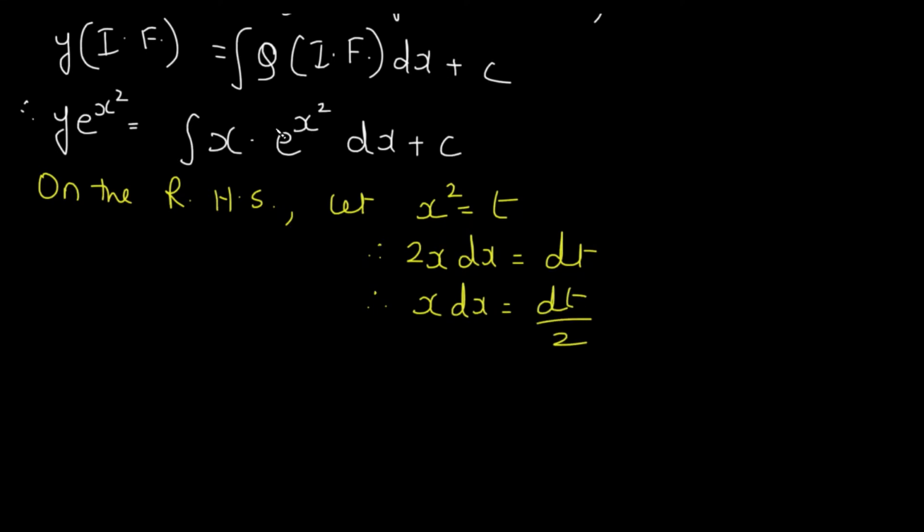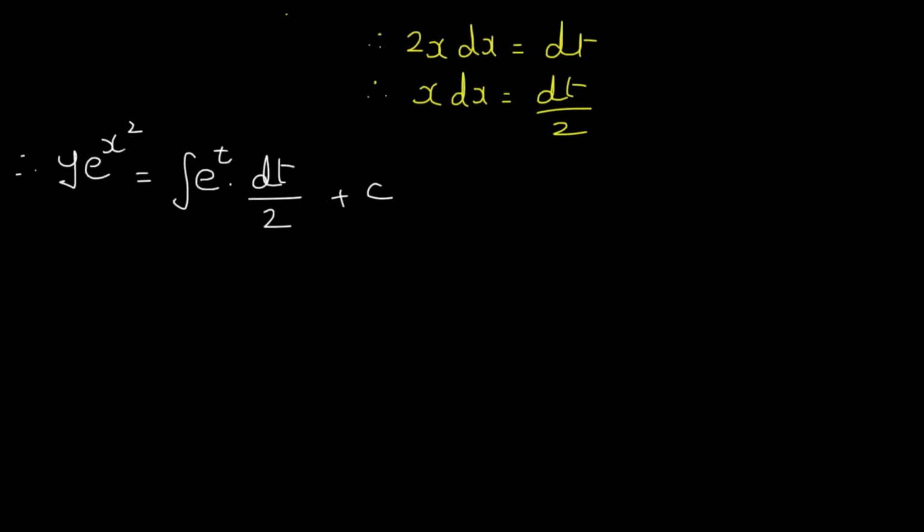So on the RHS, x dx becomes dt upon 2 and e raised to x square becomes e raised to t. On the LHS, y into e raised to x square, it is essential to write this. It is not rough work. You are supposed to show this in your exam paper. So y e raised to x square is equal to integral, where x dx is written as dt upon 2 and e raised to x square is written as e raised to t. So thus we get this term.